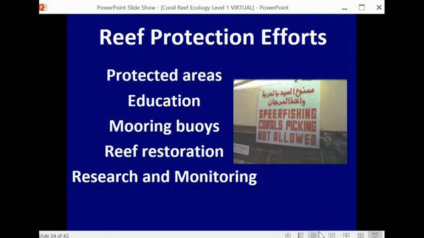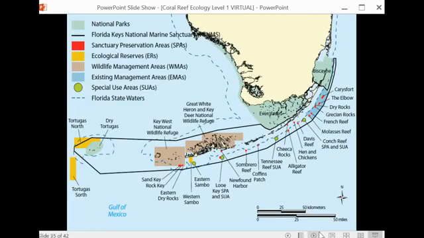There's all sorts of stuff that people are doing to help our coral reefs, but some of the big things going on here have to do with protected areas, education, mooring buoys, which I'll show you what those are, restoration efforts, and of course research and monitoring, just trying to learn as much as we can to help us save the coral, okay?